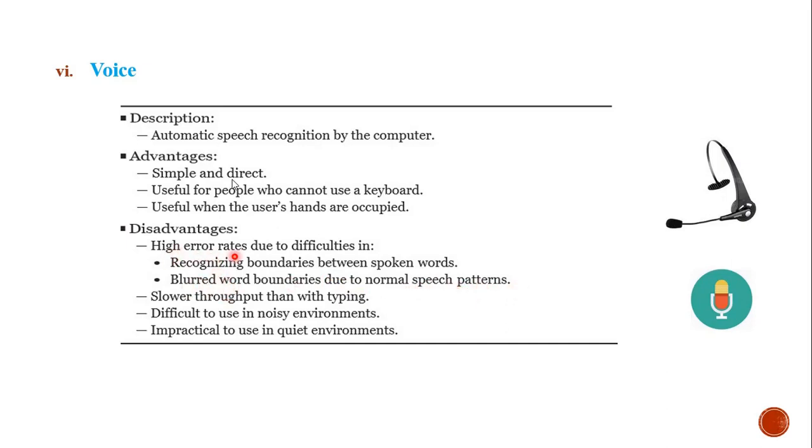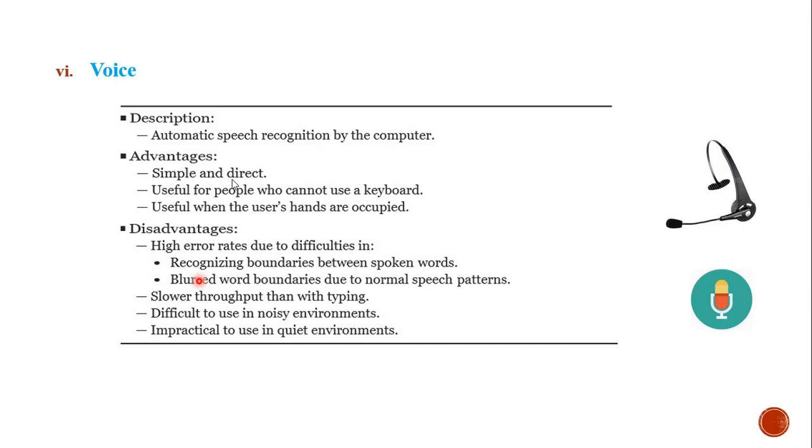So there are high error rates because sometimes, if you are interacting with the Google voice platform also, when you are speaking with your system or your mobile, for example, it may recognize it as a different word. The textual words will be shown on the screen.